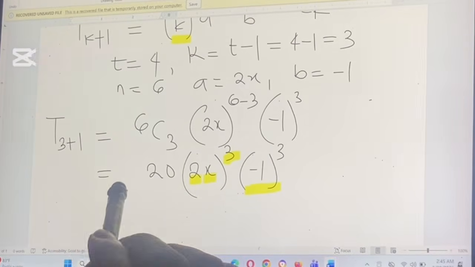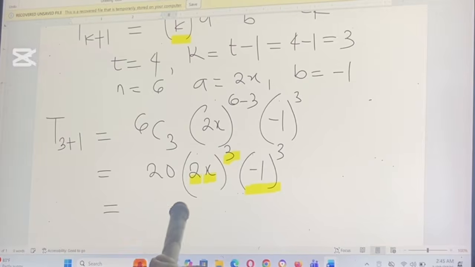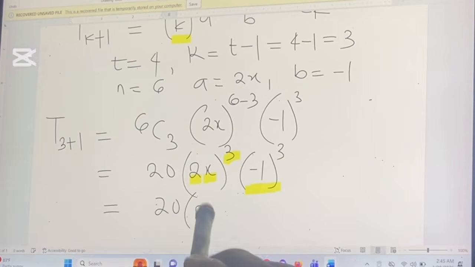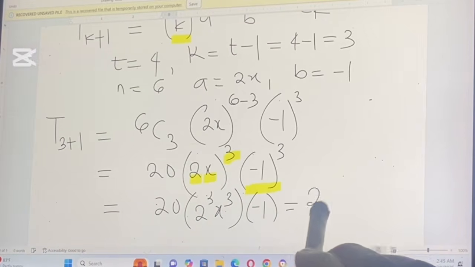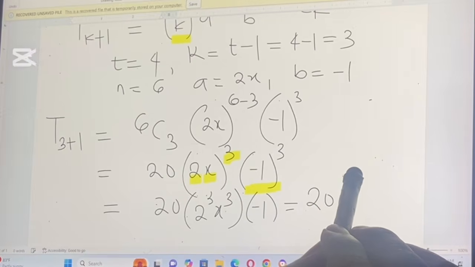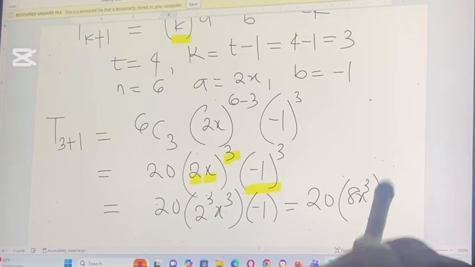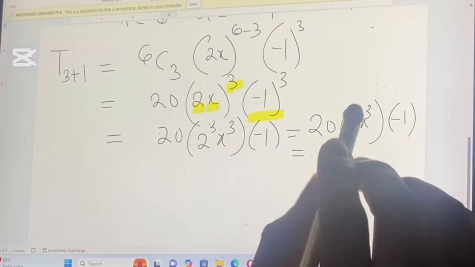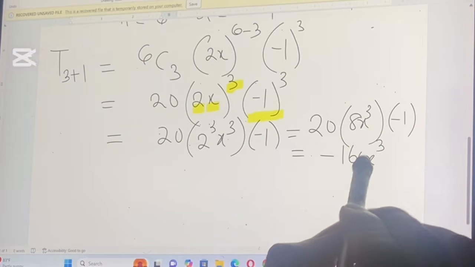So I will have 20 times 2 raised to the power of 3, s raised to the power of 3, times minus 1. So the result is going to be 20 times 8 s raised to the power of 3 times minus 1. When you multiply this, I will have minus 160 s raised to the power of 3. This is my answer here.